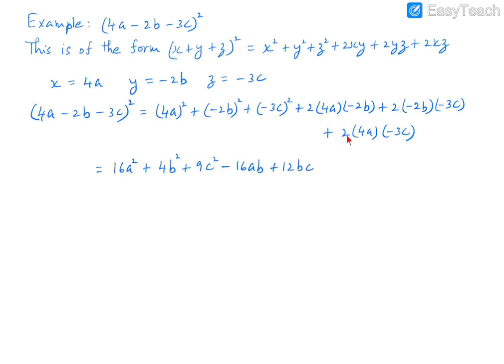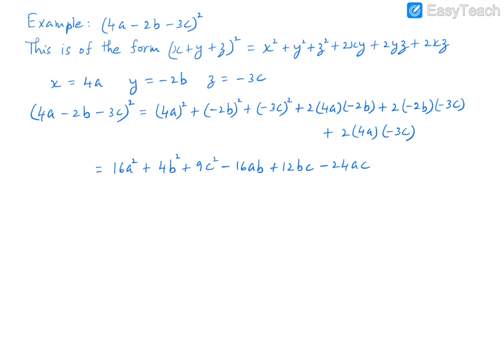And then the last term, 2 into 4 is 8, 8 into minus 3 is minus 24, a into c, so it's minus 24ac. So this expression evaluates to 16a squared plus 4b squared plus 9c squared minus 16ab plus 12bc minus 24ac.